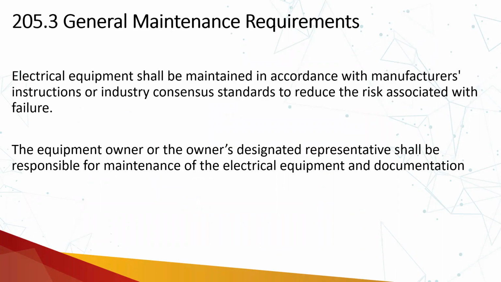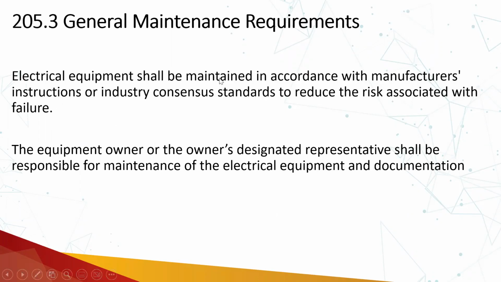205.3 talks about general maintenance requirement. Electrical equipment shall be maintained in accordance with manufacturer instructions or industry consensus standards to reduce the risk associated with failure. The equipment owner or owner designated representative shall be responsible for maintenance of electrical equipment and documentation purpose.